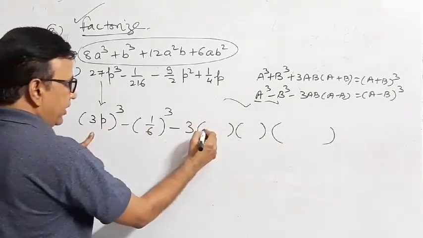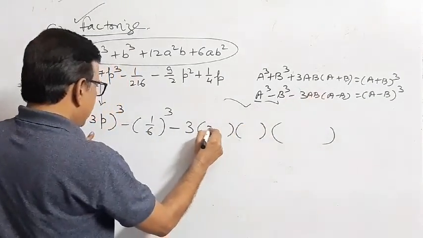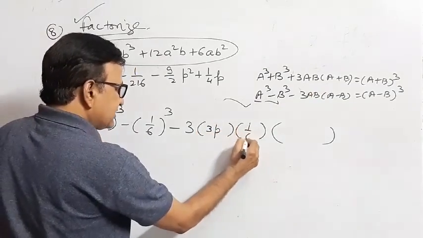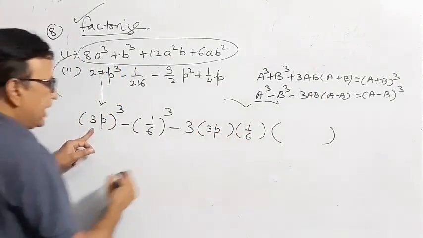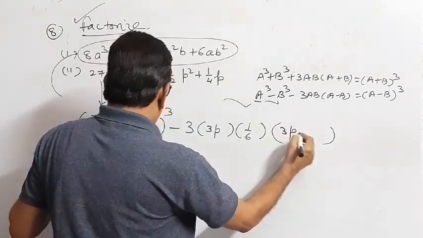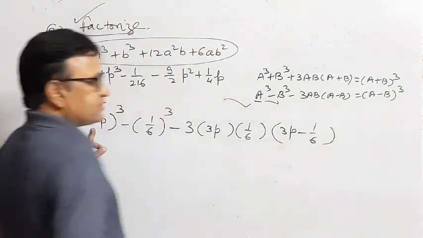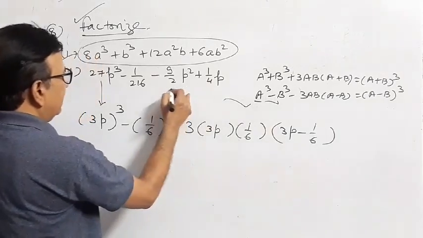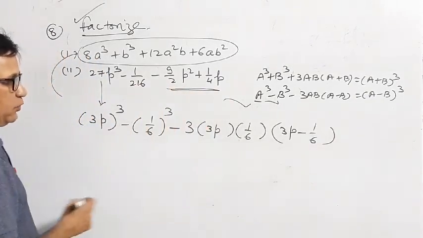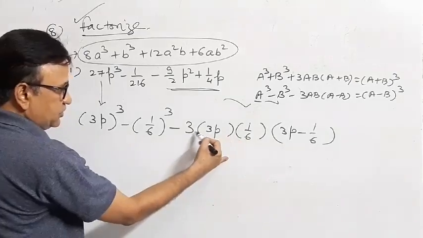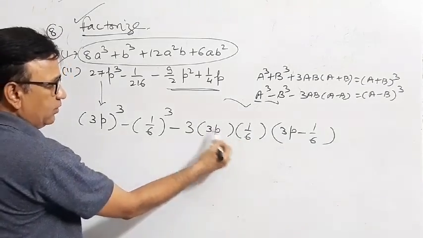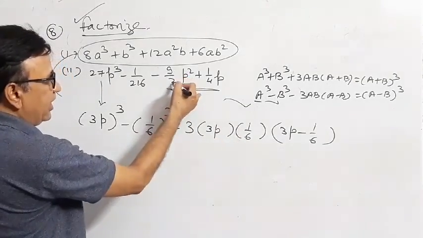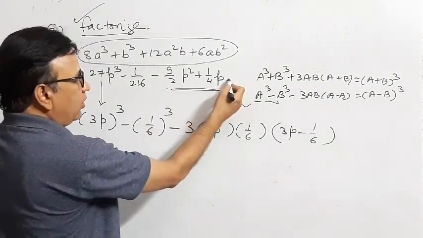So first a b means 3p and 1 by 6, isn't it? Then 3p and minus 1 by 6. Clear? When we simplify here, we will get both the things. 9 by 2, 10, 6, 3 to 9. We can cut it and simply we get 9 by 2 p square and 1 by 4 p.